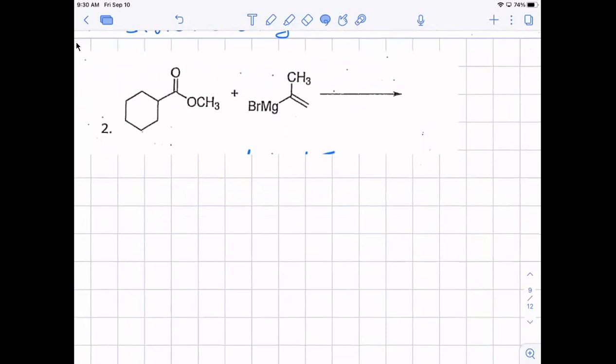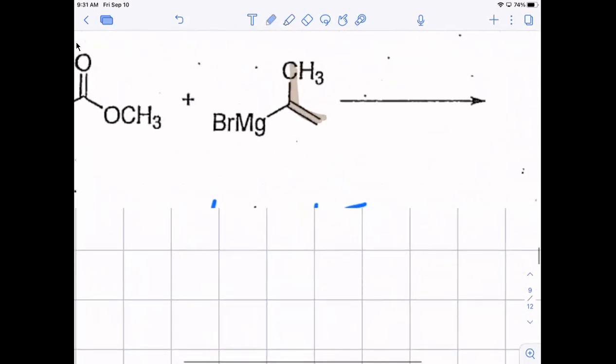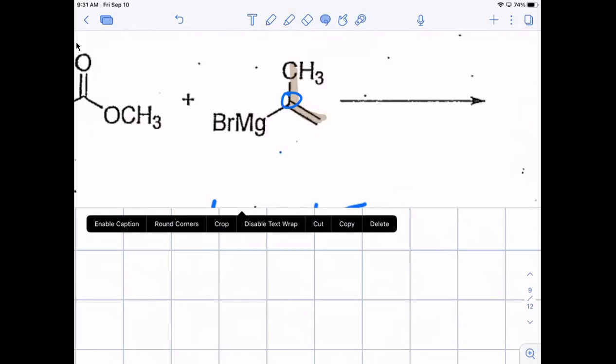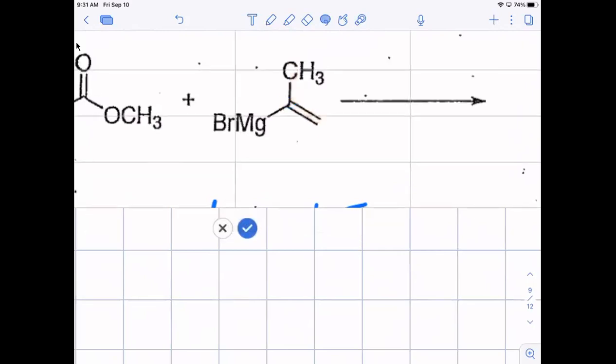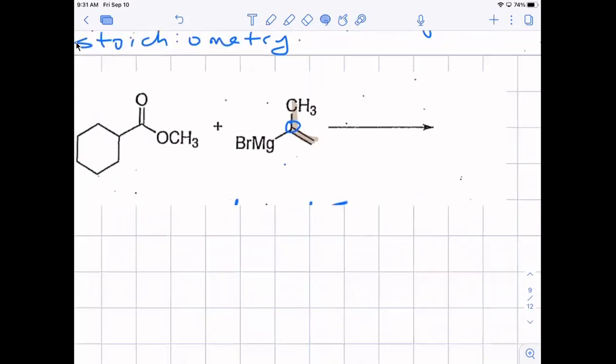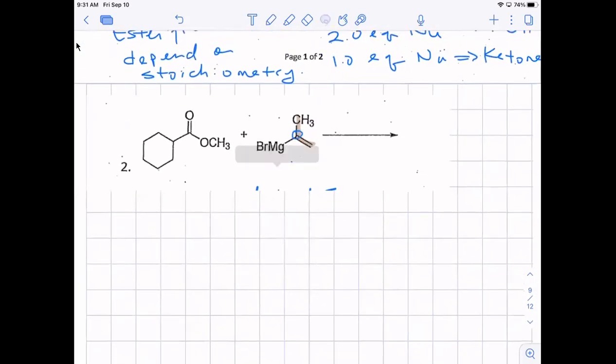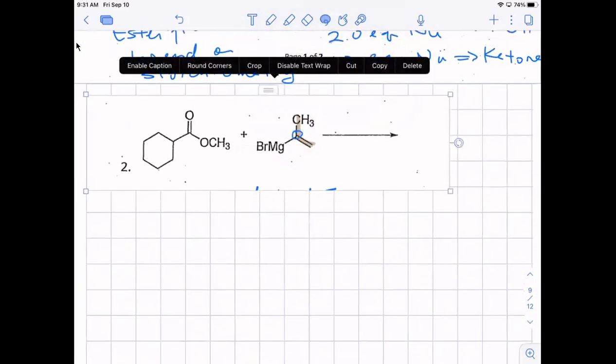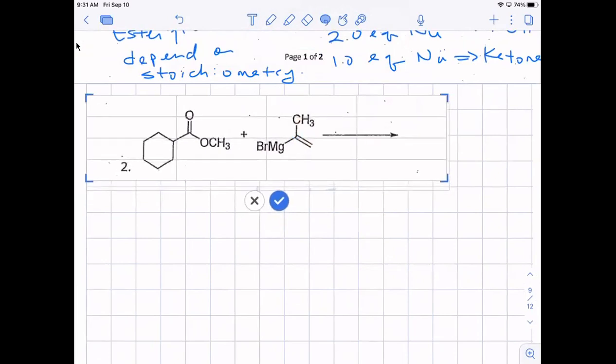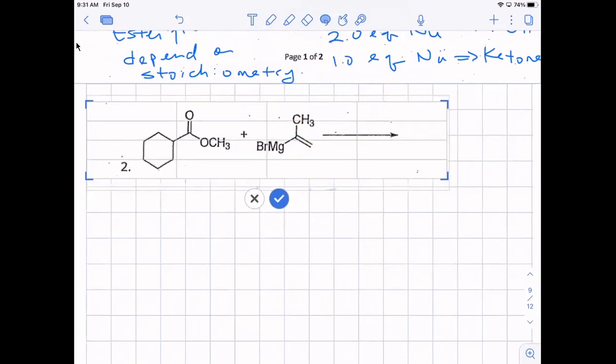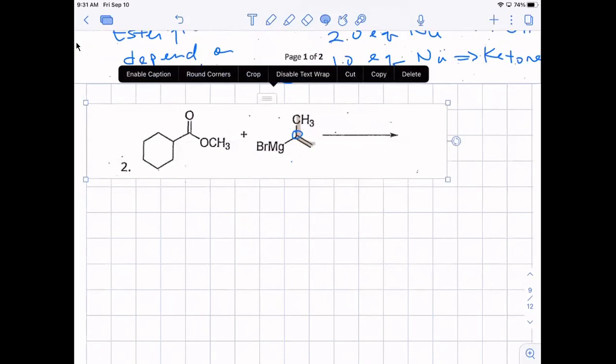You have a vinyl Grignard, and keep in mind all this stuff right here that's attached is going to go with that carbon. So it's this carbon in the Grignard right here that's going to do the attacking. All right.